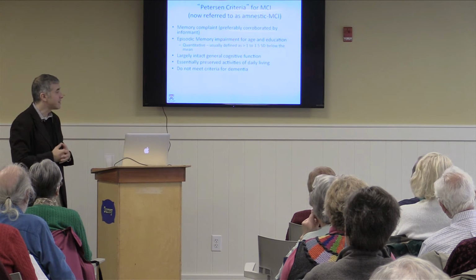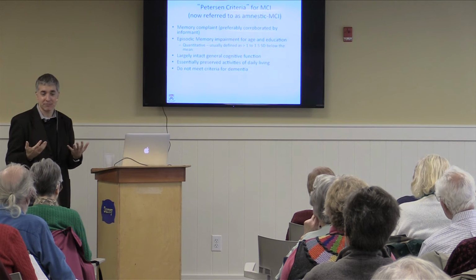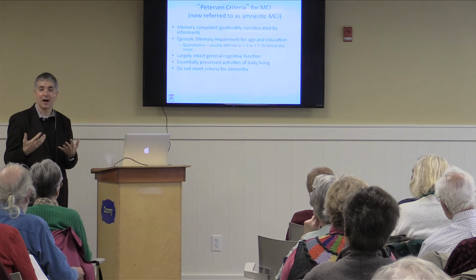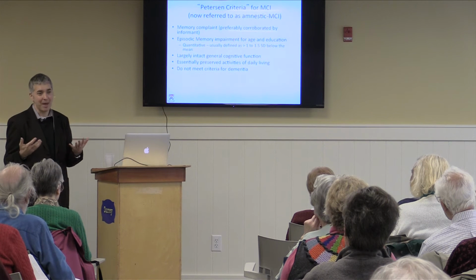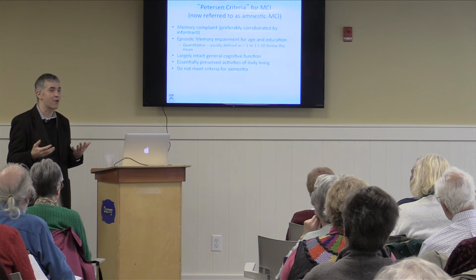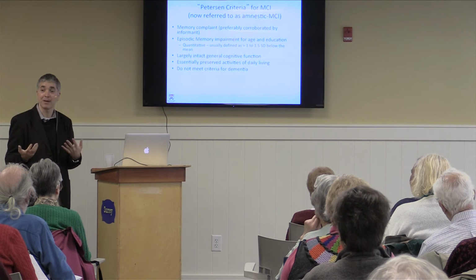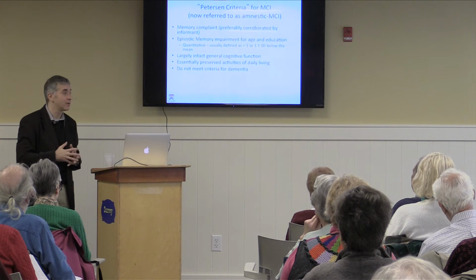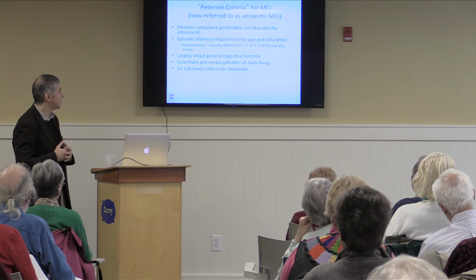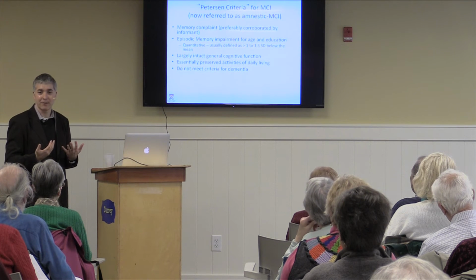They need to be intact, though. These are people who can sometimes still work. They can still function generally. Maybe their memory makes things a little harder for them to do, but they're functioning pretty well. So unlike people with dementia who are having more functional problems, they don't meet criteria for dementia.